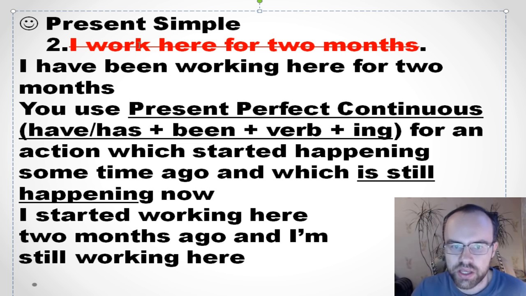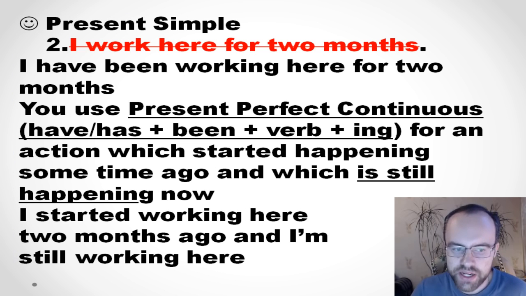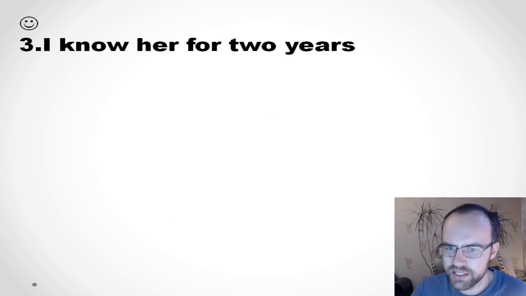Excellent. Okay, so the next mistake is very common too. Look, but it isn't so simple at the same time. So, I know her for 2 years. Is it right or not?